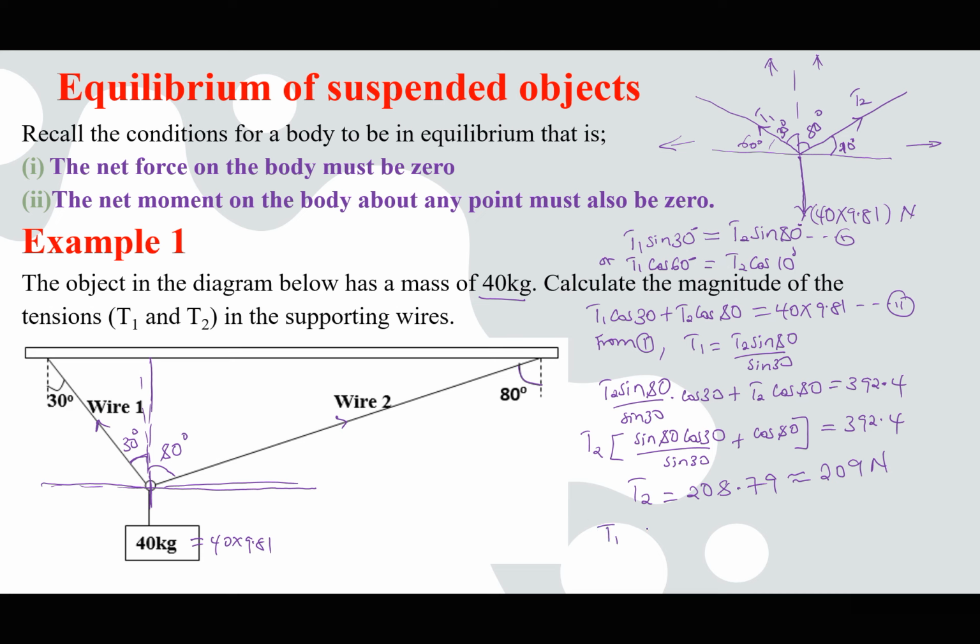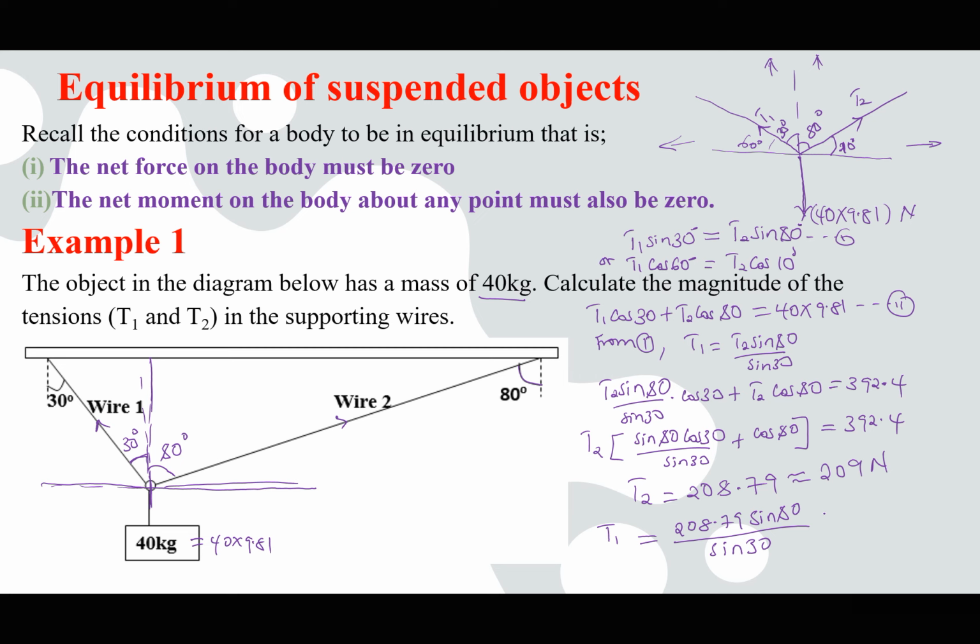Then if I want to find T1, I will go back and substitute in one of the equations. So T1 is going to be T2, which is 208.79 sine of 80 divided by sine of 30. So 208.79 sine of 80 divided by sine of 30.